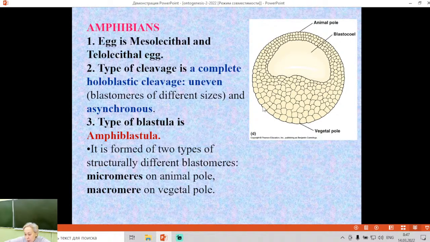On the vegetal pole you can see big blastomeres with yolk. These blastomeres are called macromeres. And you see, it forms two types of structurally different blastomeres. Micromeres on the animal pole without yolk and macromeres on the vegetal pole with yolk.